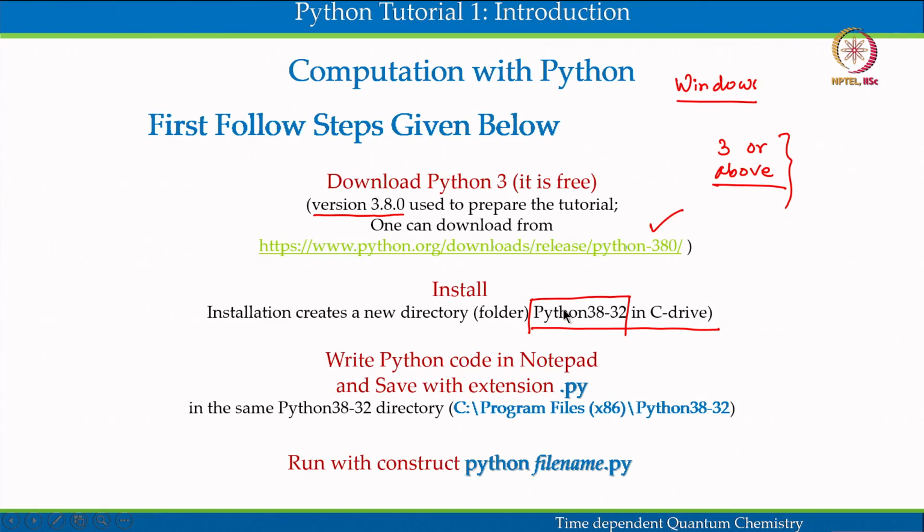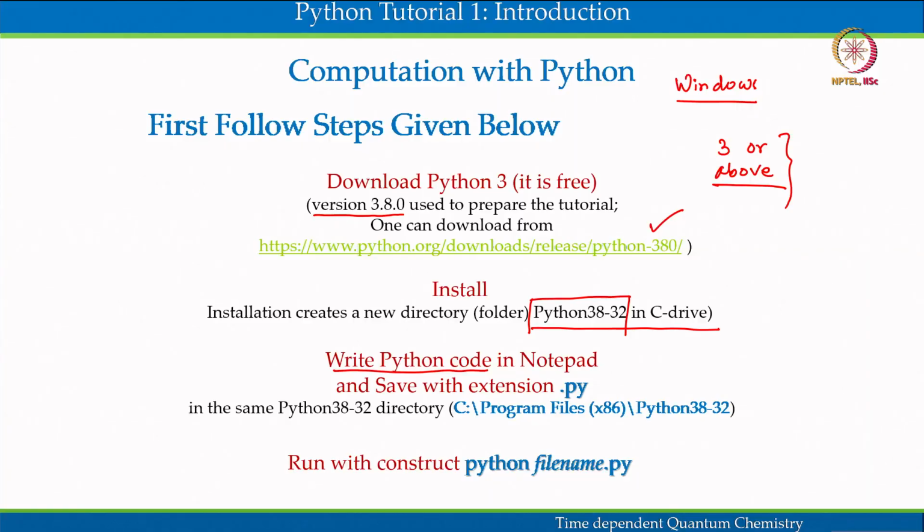Once you have installed it, one can write Python code in different ways. There are multiple ways one can use right now. But we will use a very conventional and very old-fashioned way. We will use Notepad to write down the Python code, and we'll save the file with the .py extension.